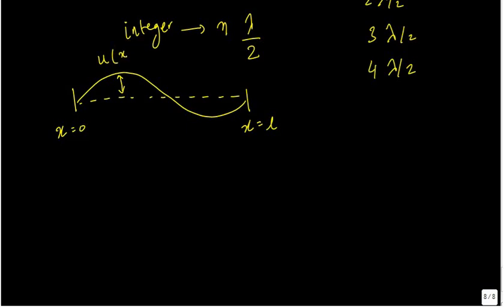It's a function of x, the displacement from your 0 line. And if you think of the guitar, then it's going up and down. It's also a function of time.